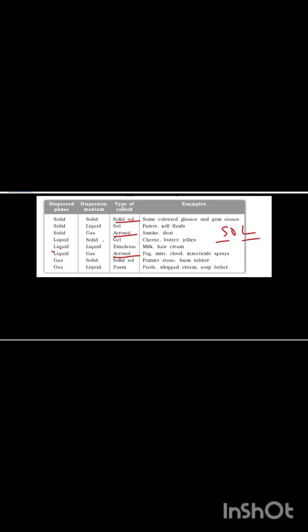Liquid in liquid is emulsion, like milk, fat flowing in water. Then there is gas and liquid, foam. Liquid and solid, gel. This is from surface chemistry, I think.